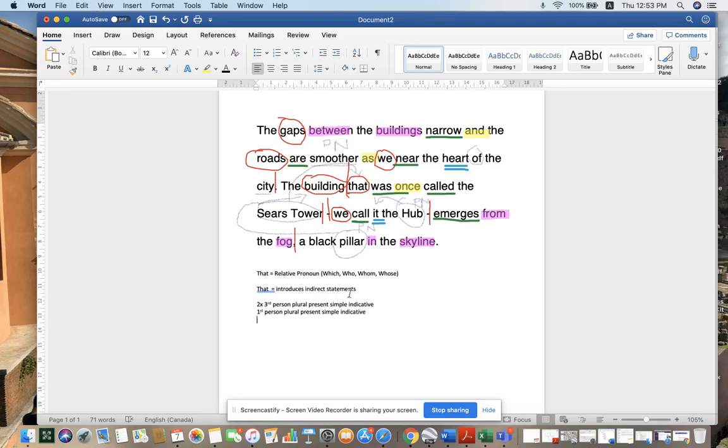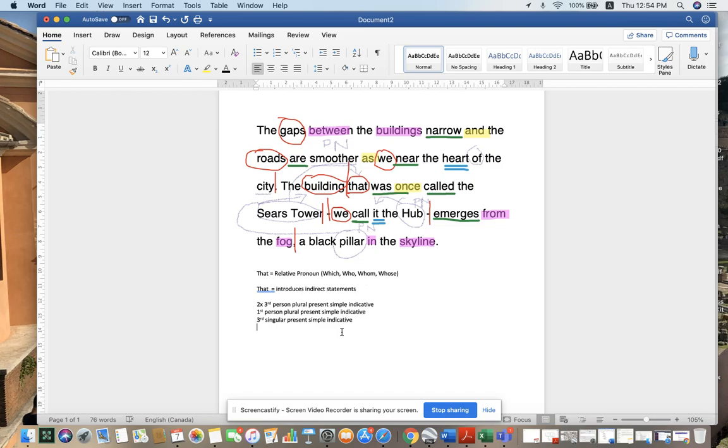Next, we got the building. We got third person singular again. Now, was once called, we are going, the building emerges, see, is once again singular, present, simple, indicative.